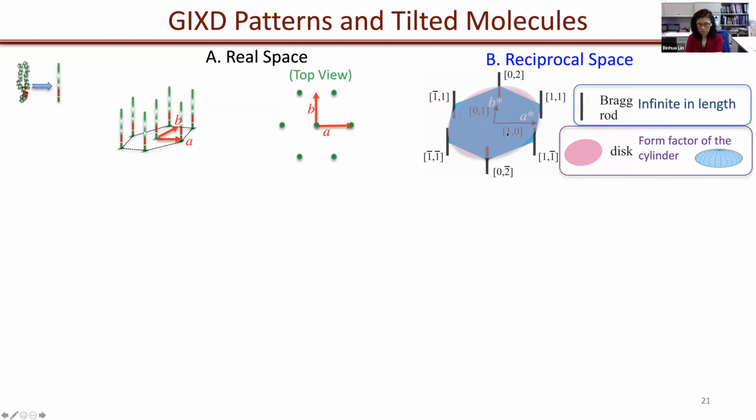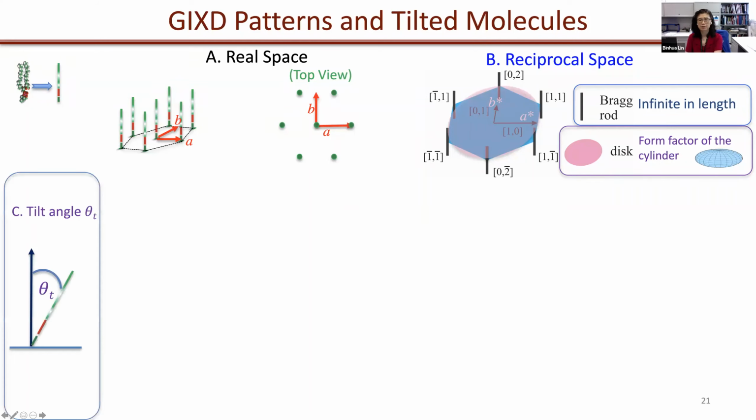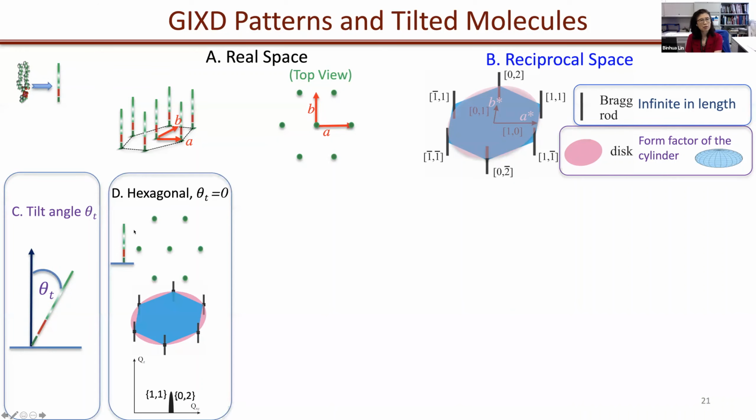Okay, with that, we're ready to describe the tilt phases. We define the angle of tilt as the long axis of the lipid relative to the normal, call it theta t. In the hexagonal non-tilted case, theta t equals 0. So here the pink coincides with the blue plane. These two planes coincide with each other.